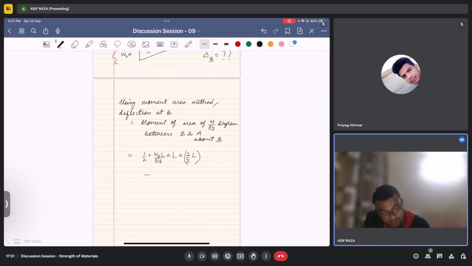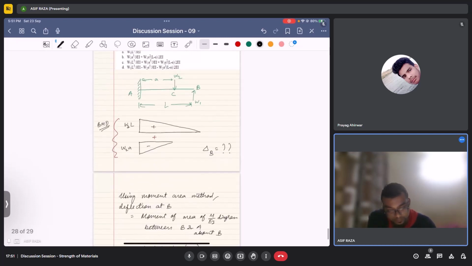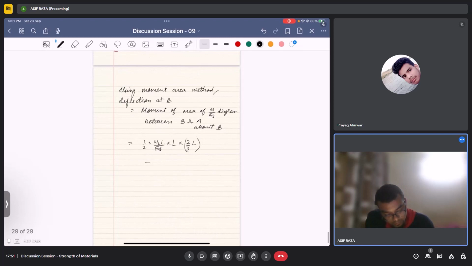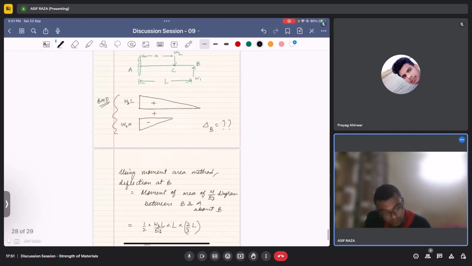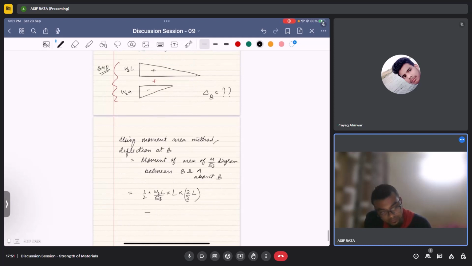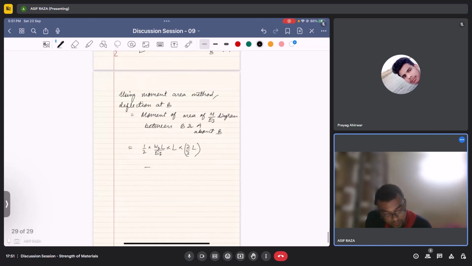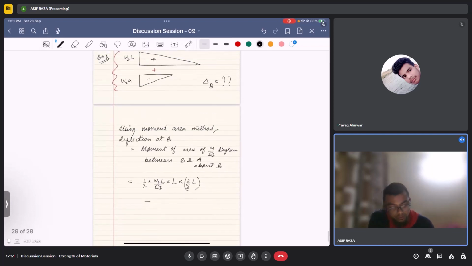Minus the contribution from W2. From B to C there is no bending moment, right? So from C to A only there is a contribution.